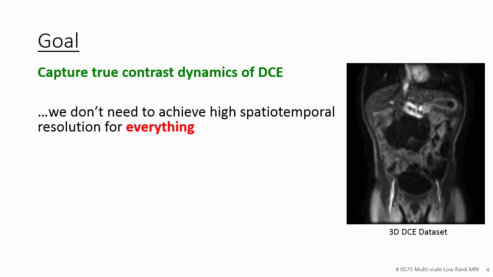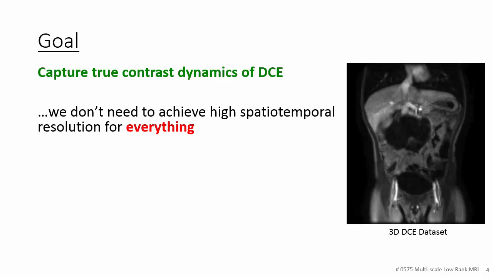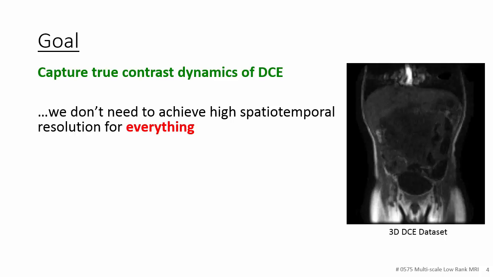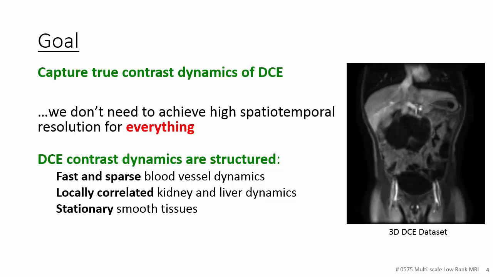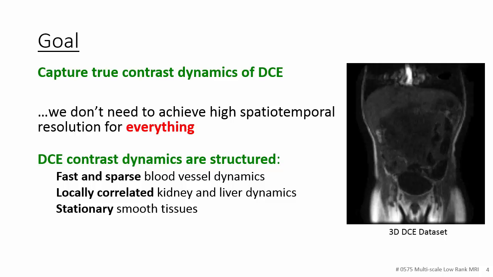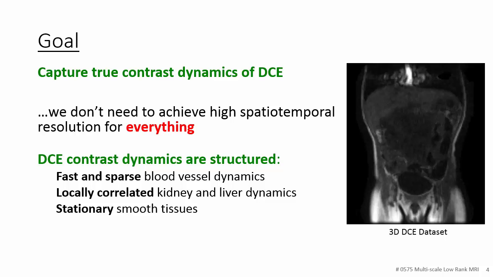However, our ultimate goal is really to capture the true contrast dynamics of DCE. And for this purpose, we actually don't need to achieve a high spatial temporal resolution scan for everything. That's because DCE is not just anything. If you look at a DCE data set, it's very structured. We have these very fast blood flow dynamics, but they're also very sparse in the image domain.